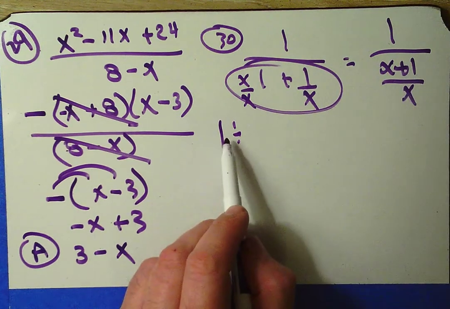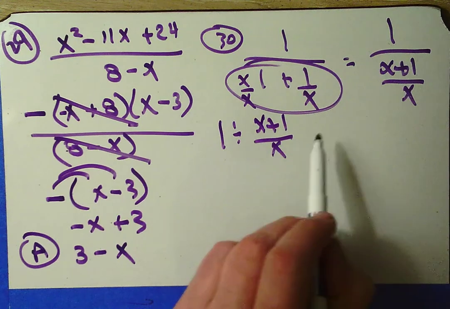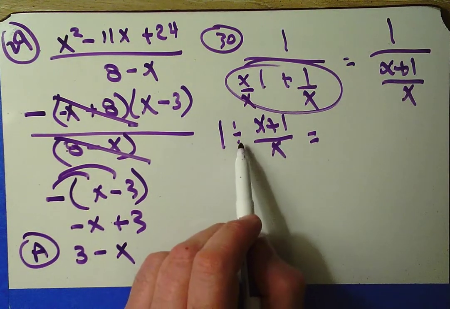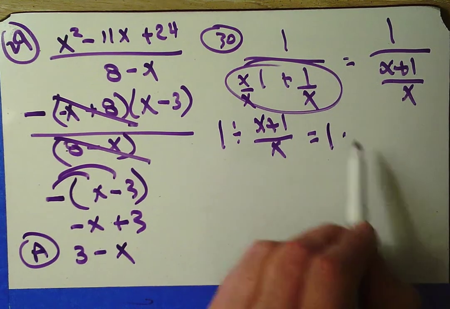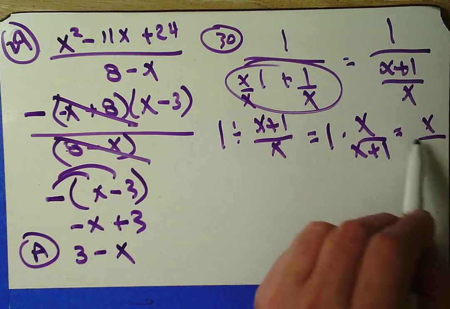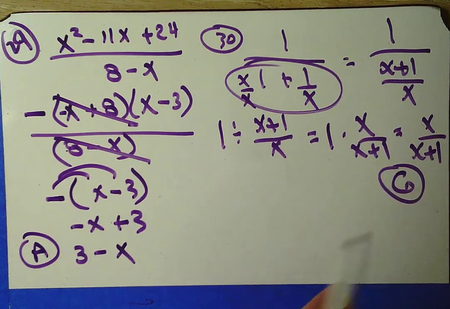This is just saying 1 is being divided by (x plus 1) over x. And then she said, remember, when you have division involving fractions, you can always flip and multiply. So this is 1 times x over x plus 1, which is x over x plus 1. And that corresponds to choice G.